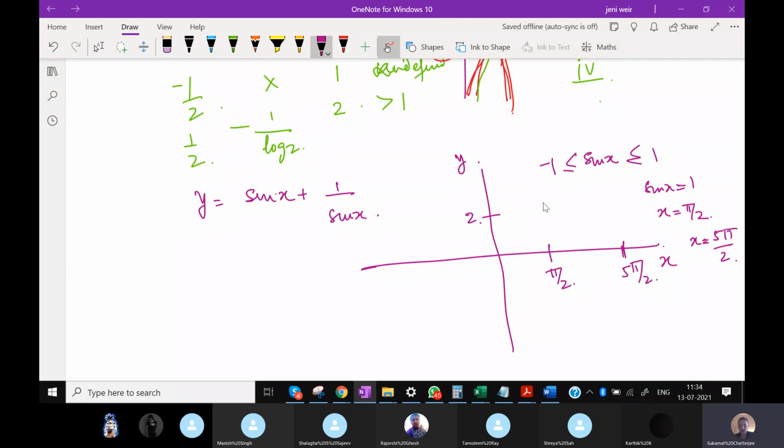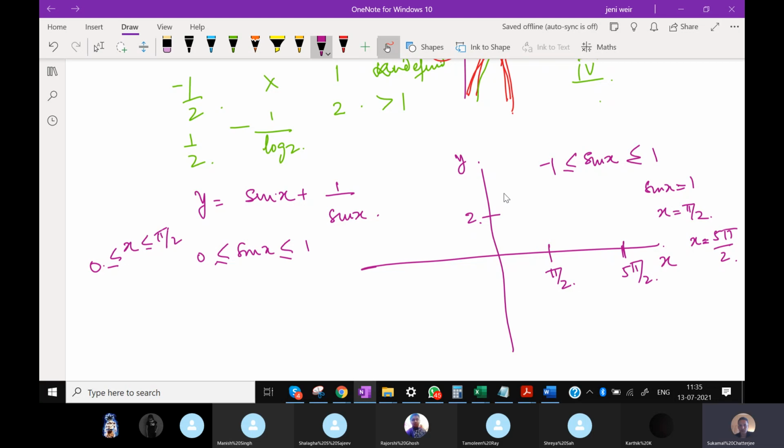So that means when x is lying between 0 to pi by 2, sin x will lie between 0 and 1. So sin x will be a fraction, and therefore a fraction plus a reciprocal of that fraction will be always greater than 2.